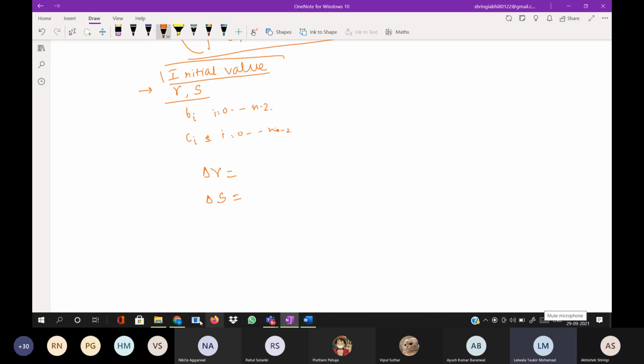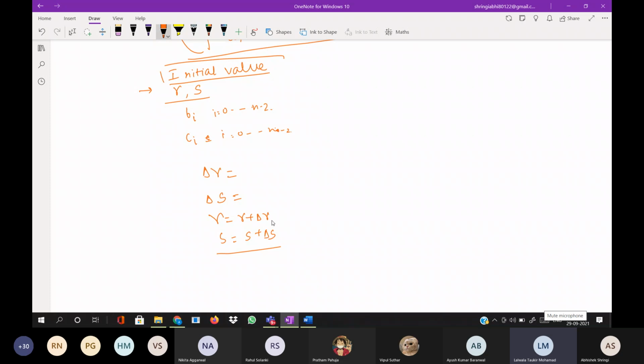So after finding delta R, delta S, we can find the updated values of R and S, and we can do this until we converge. When we converge, we have the final R and S. So we will have two roots, and we also have all the b's.